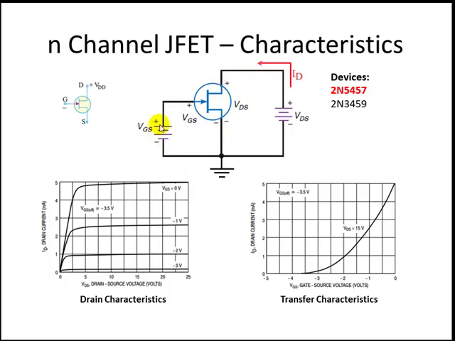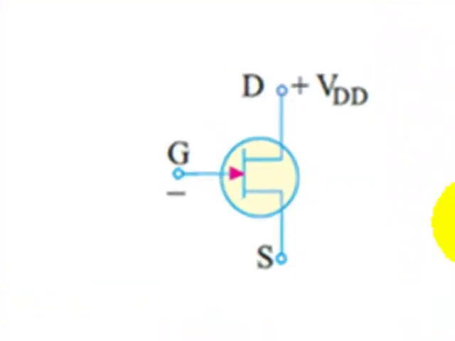of VGS. And to obtain transfer characteristics, what we need to do is fix VDS. We will not change VDS. We'll provide some positive value to VDS, and we will change VGS. And for N-channel JFET, VGS should be negative, so that's why I have kept a hint here.